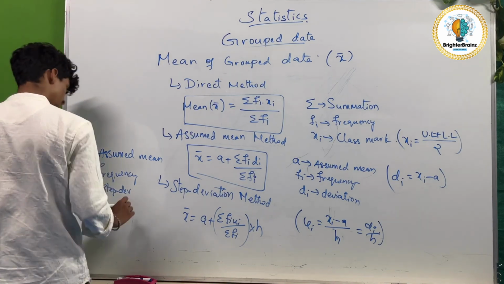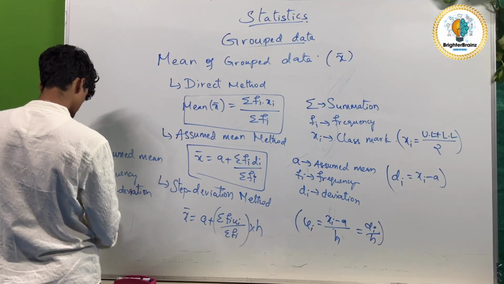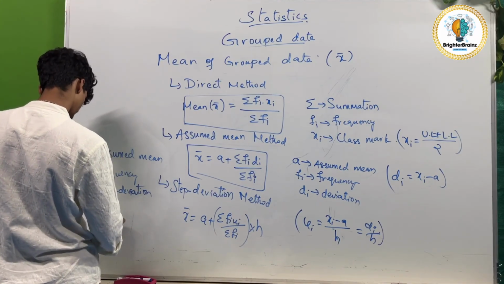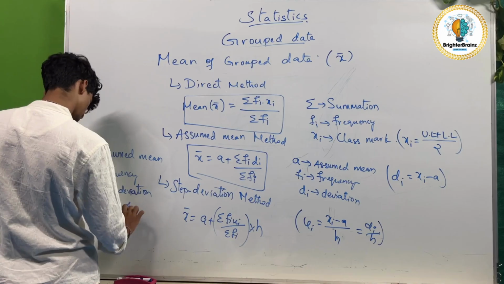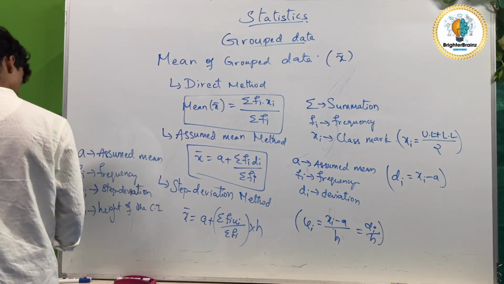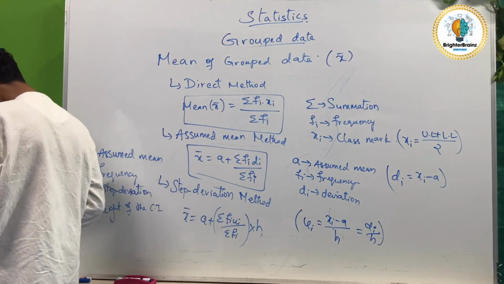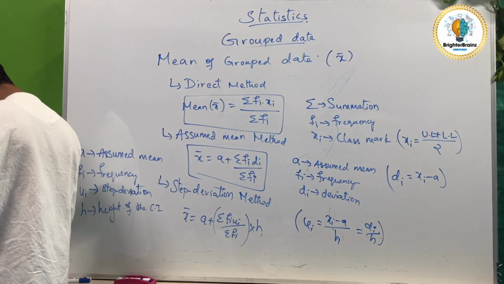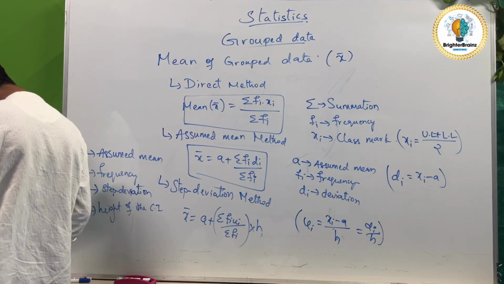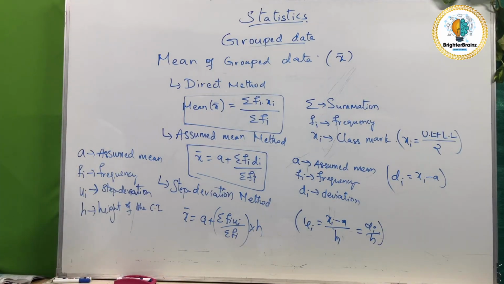And h is the height of the class interval. Ci is the class interval. Here h is the height of the class interval. Write it down.